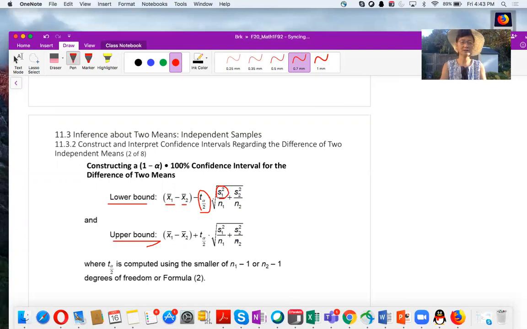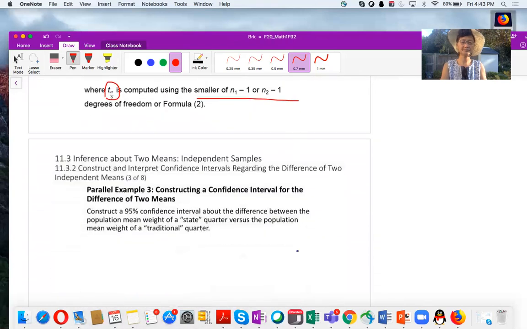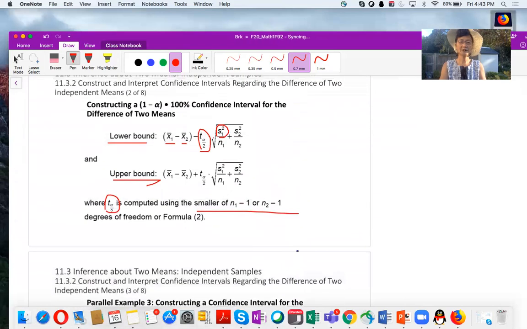And t half alpha, this critical value, is based on the smaller of n1 minus 1 or n2 minus 1. So that is the formula for lower bound, upper bound.